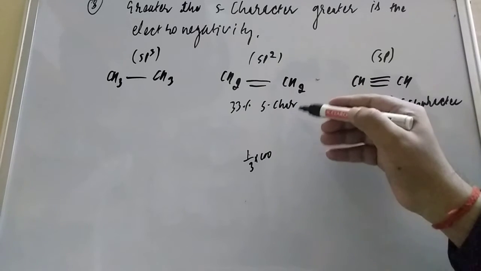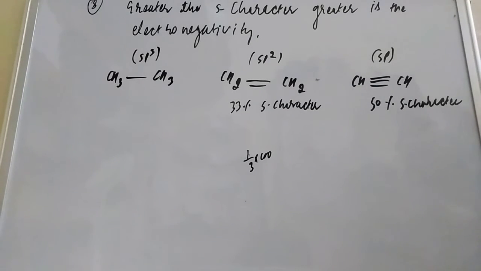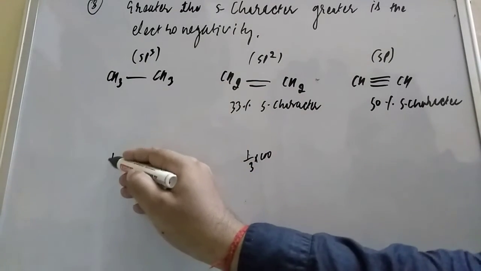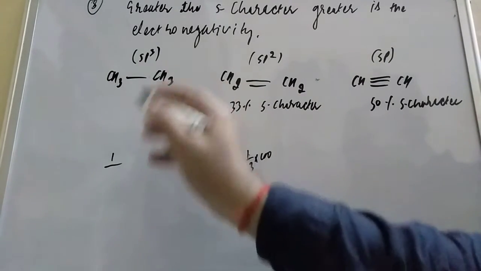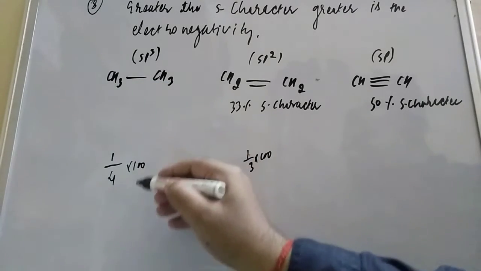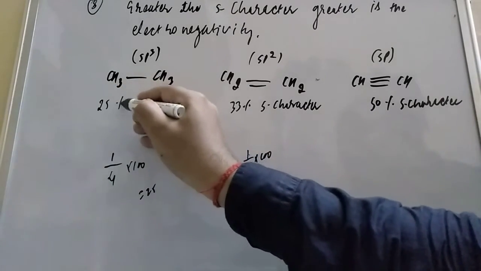Now sp3: S is 1 orbital and the total is 4, multiplied by 100, so 25% S character.